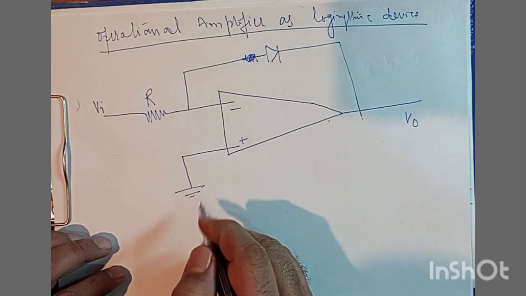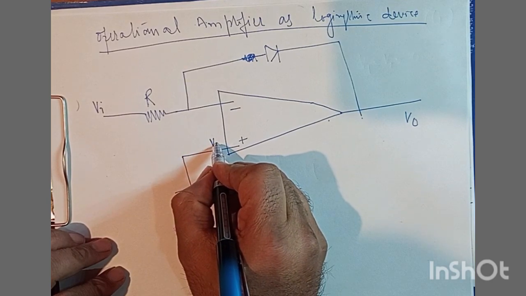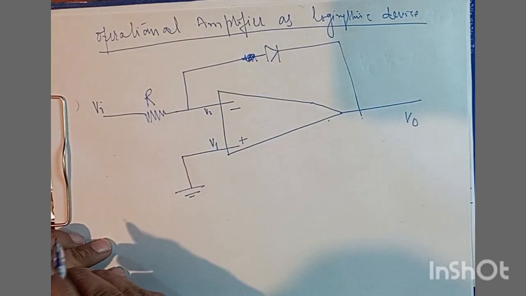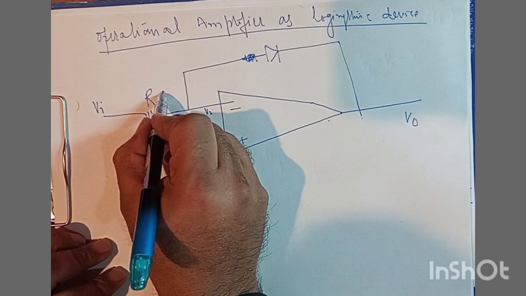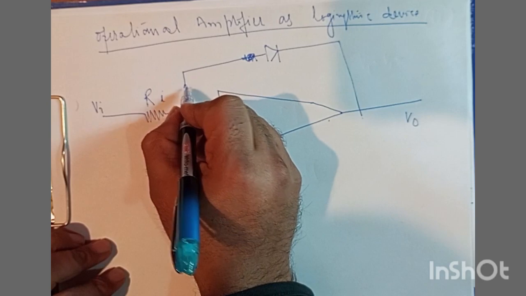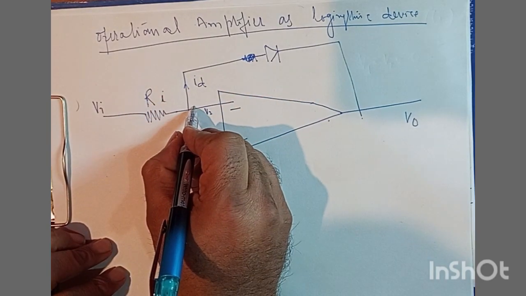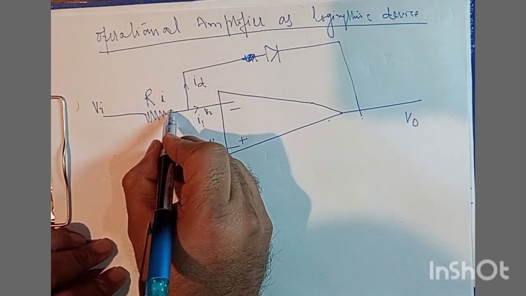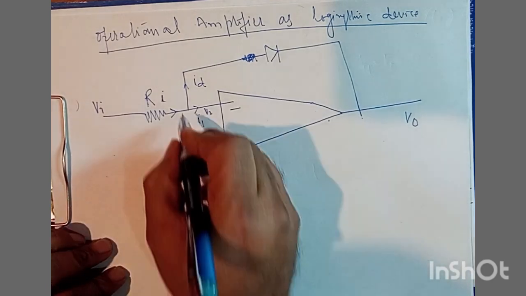Now, for doing so, let us assume here we have V1, and here we have V2, and let us suppose the current that goes from here is I, and here we have the current through this PN junction, and let us assume here we have the current I1, and we can immediately think about KCL at this junction.